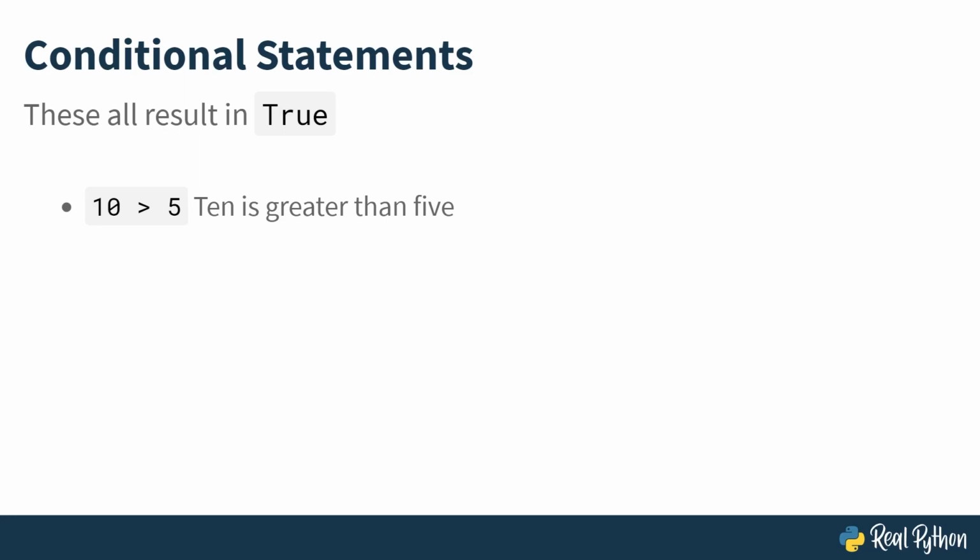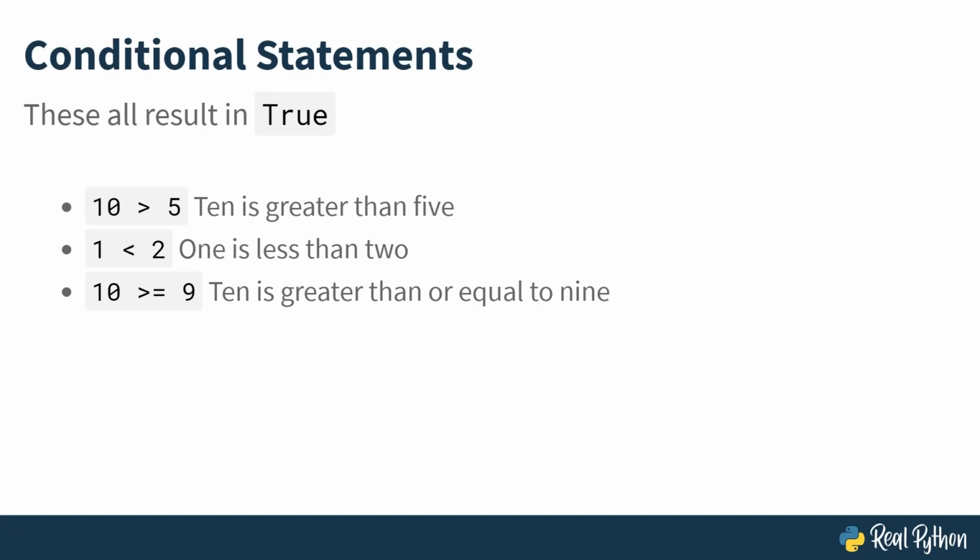So 10, right-facing chevron, 5, asks, is 10 greater than 5? Which is true. 1, left-facing chevron, 2, asks, is 1 less than 2? Which is also true. Remember, all of these examples on this page will evaluate to true. 10, right-facing chevron equals 9, asks, is 10 greater than or equal to 9? Which is true.